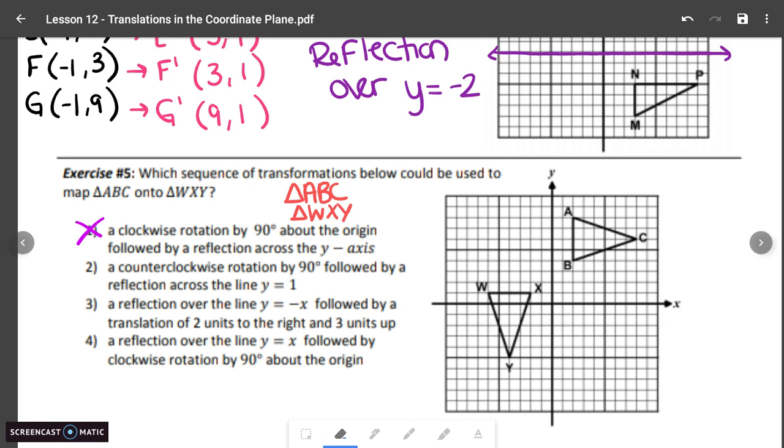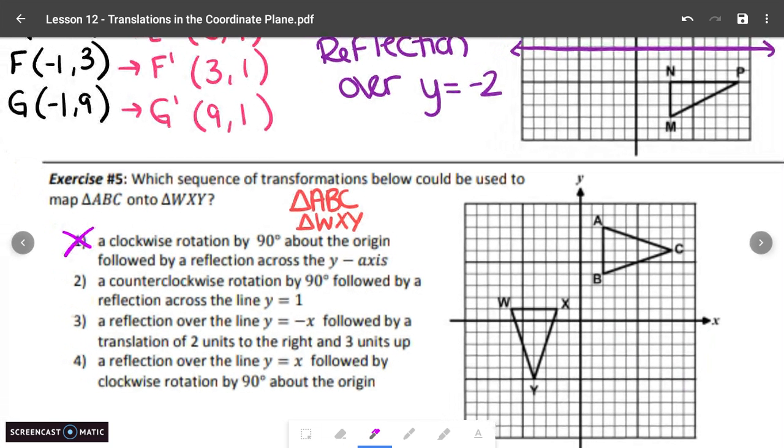A counterclockwise of 90, however, that's going to plot our points. B's at 2, 4. This would be B prime, A prime, and C prime. And this is a reflection over the line y equals 1.